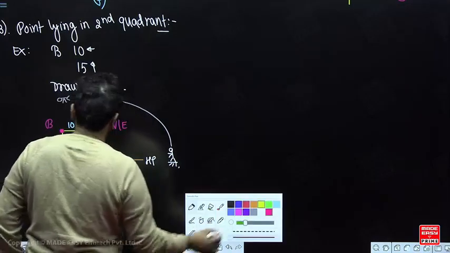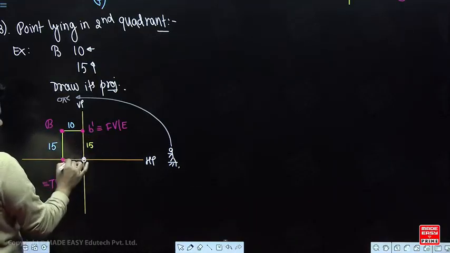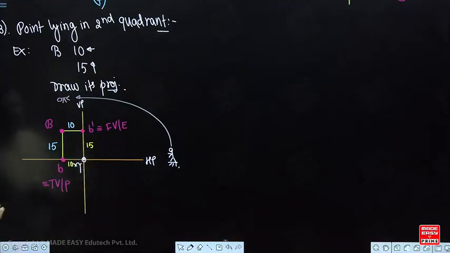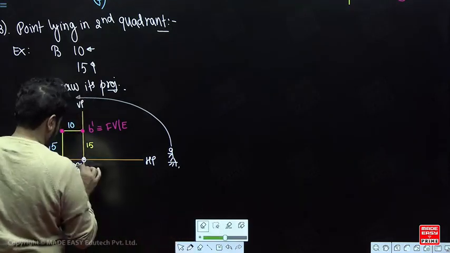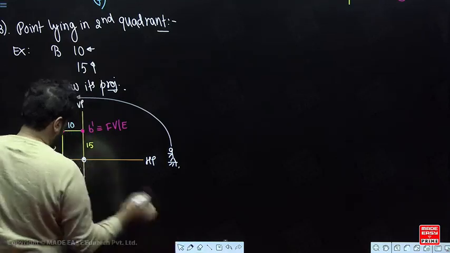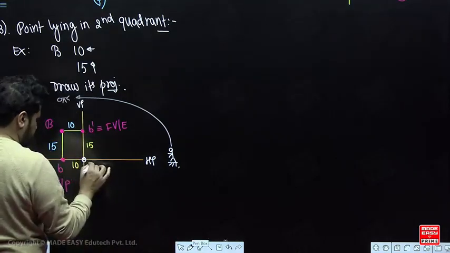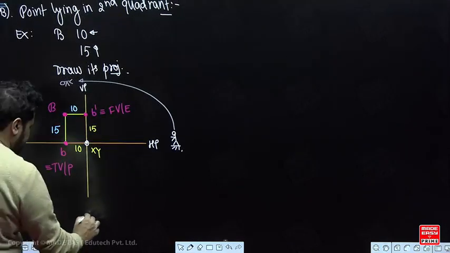Now if I talk about the dimensions, if this is 15, so it will also become 15, and if this is 10, so it will also become 10, isn't it? Clear? Fine. So this is the initial condition that has been given.